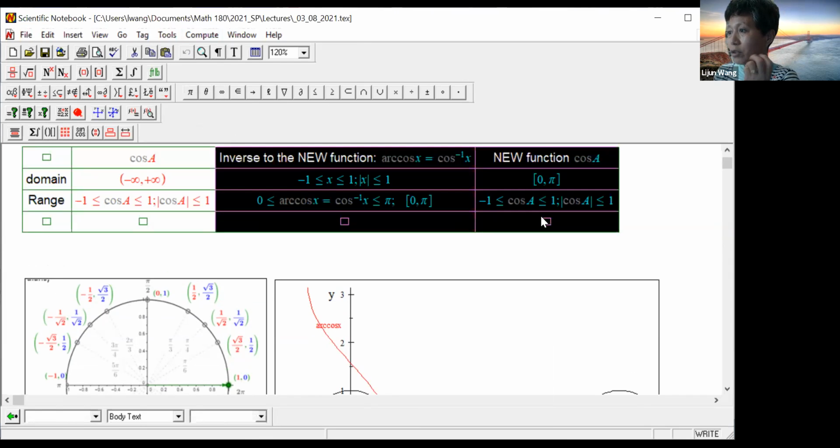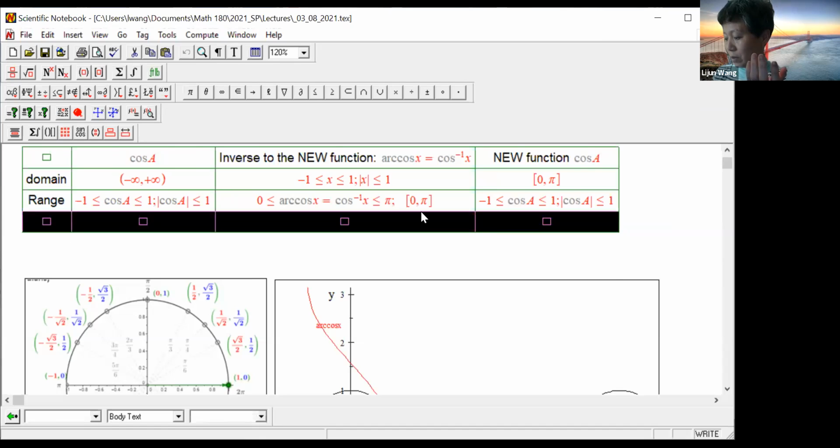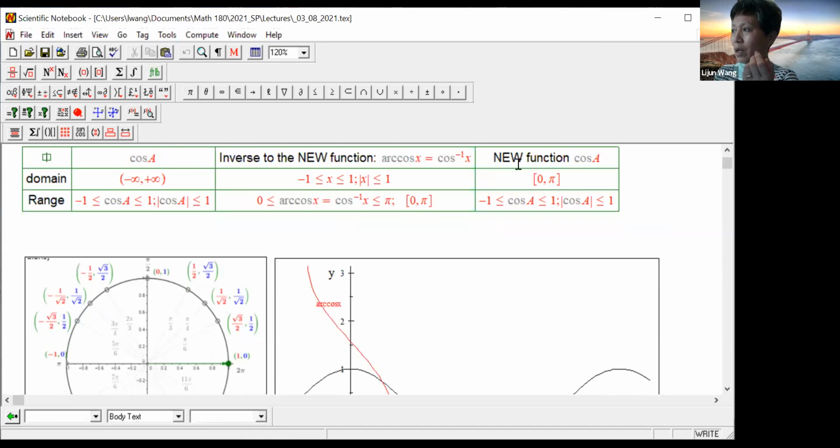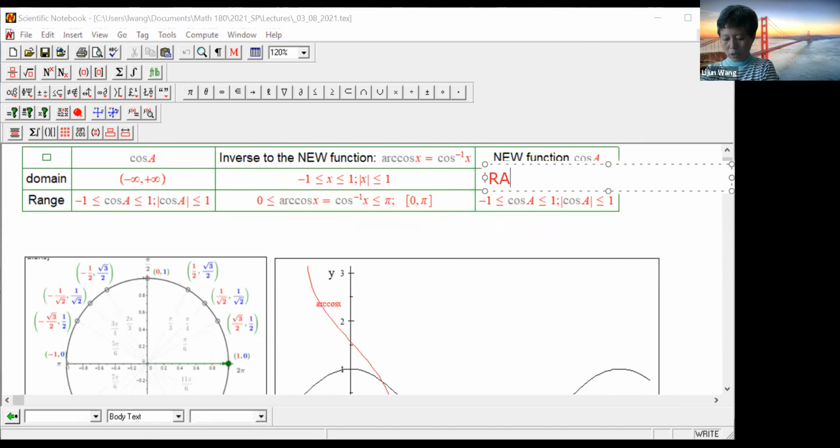These two are inverse to each other, right? The highlighted part I just put in there, they're inverse to each other. But we rarely use them.